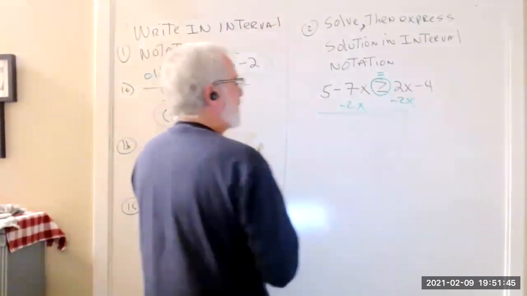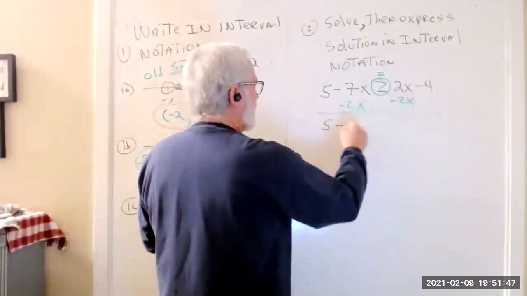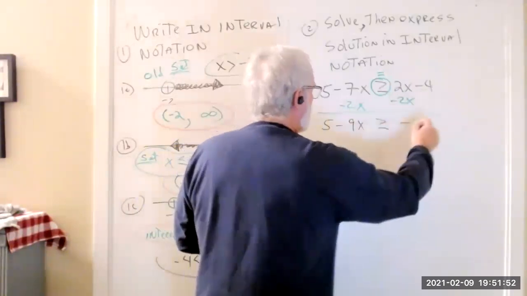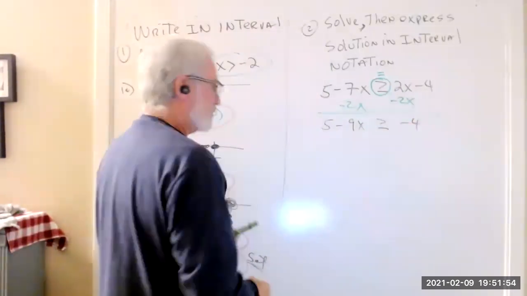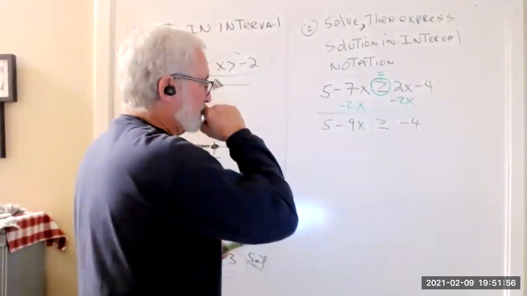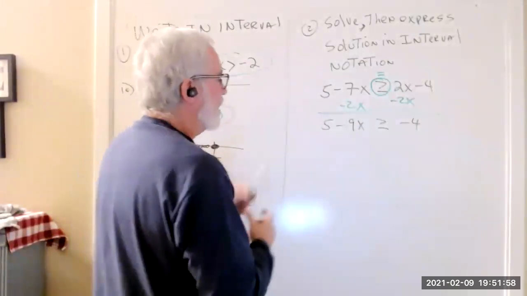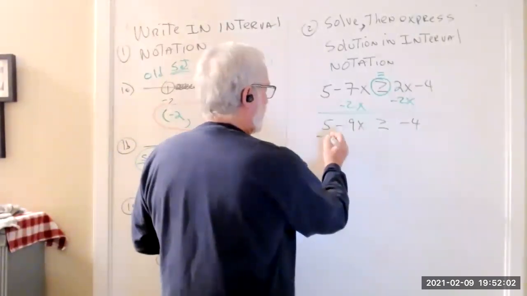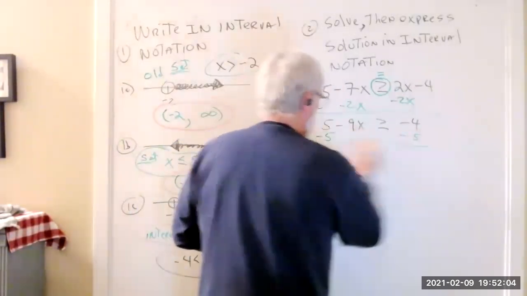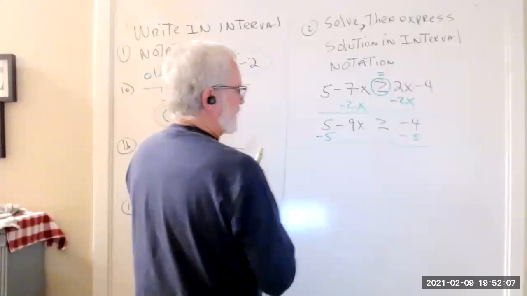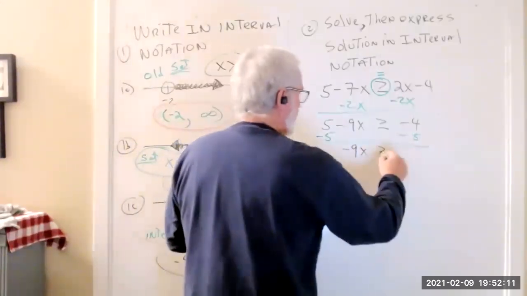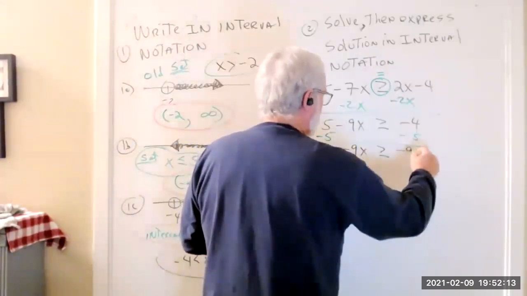That's going to give me 5 minus 9x greater than or equal to -4. Okay. Now I've got all my x's on the left-hand side. I'm going to take 5 away from both sides. That's going to give me -9x greater than or equal to -9.